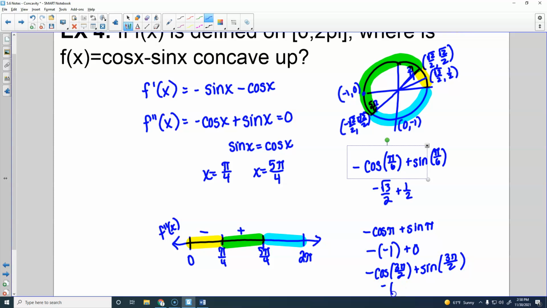So like I said, negative 0 plus negative 1. And that is going to give us a negative right there. So you can see this unit circle stuff creeping in a little bit more. Well, I need you to know it really well.